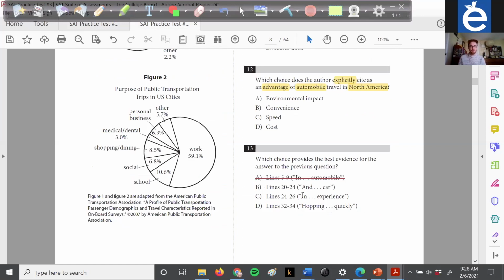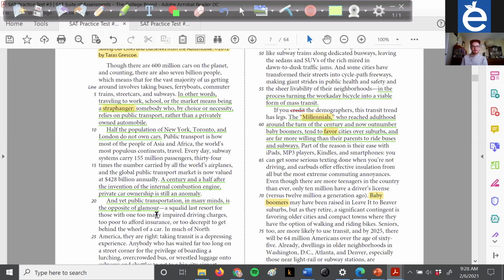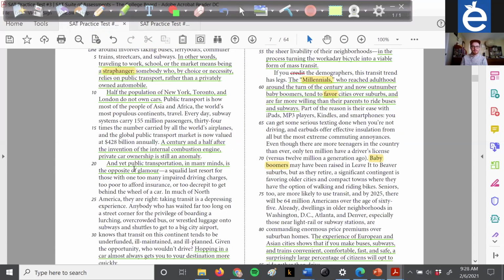Lines 20 to 24, starting with and ending in car. And yet, public transportation in many minds is the opposite of glamour, a squalid last resort for those with one too many impaired driving charges, too poor to afford insurance, or too decrepit to get behind the wheel of a car.